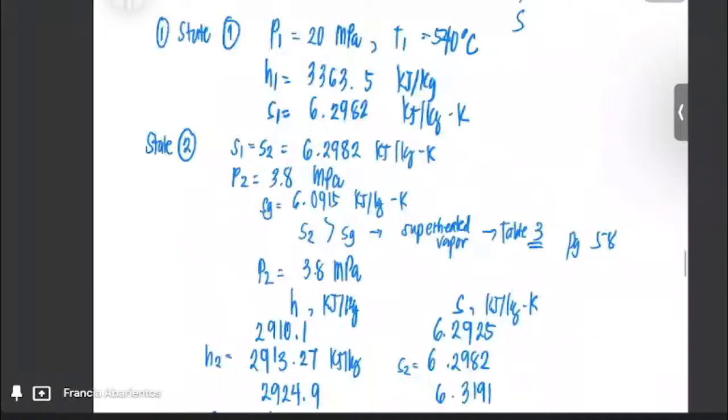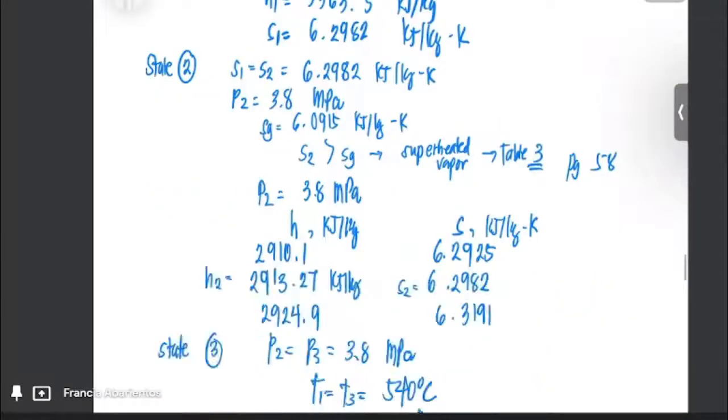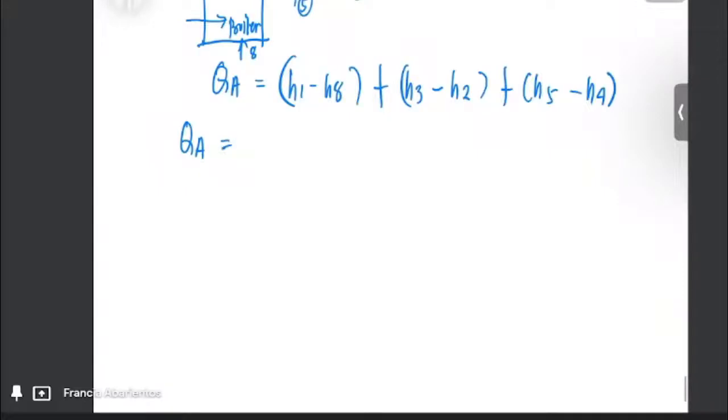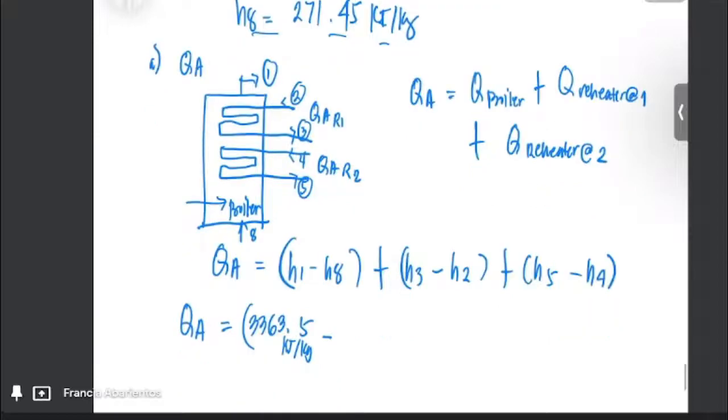H1, 3363.5. Ayan. Ang H8 natin, 271.5. Ano yung H3 natin?